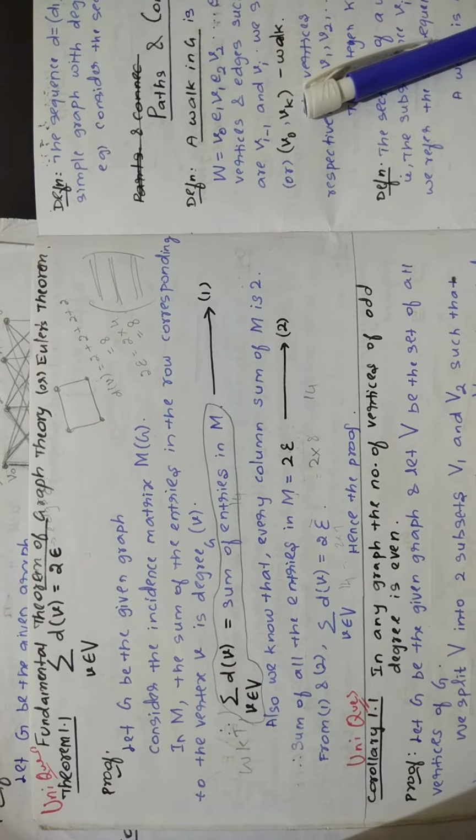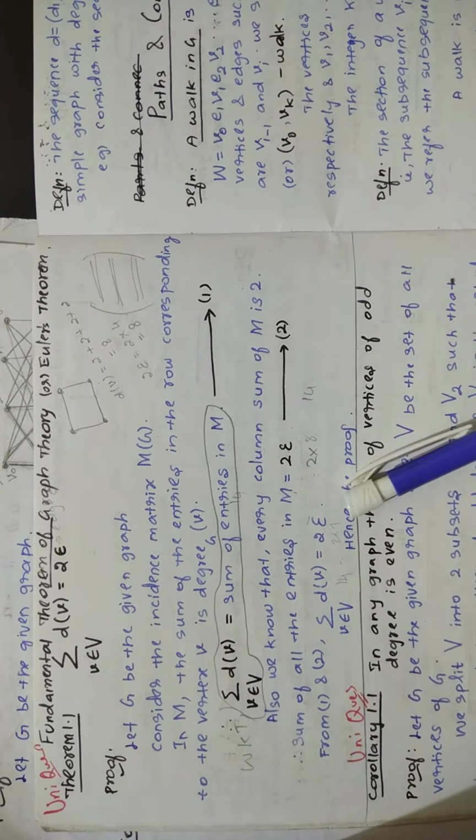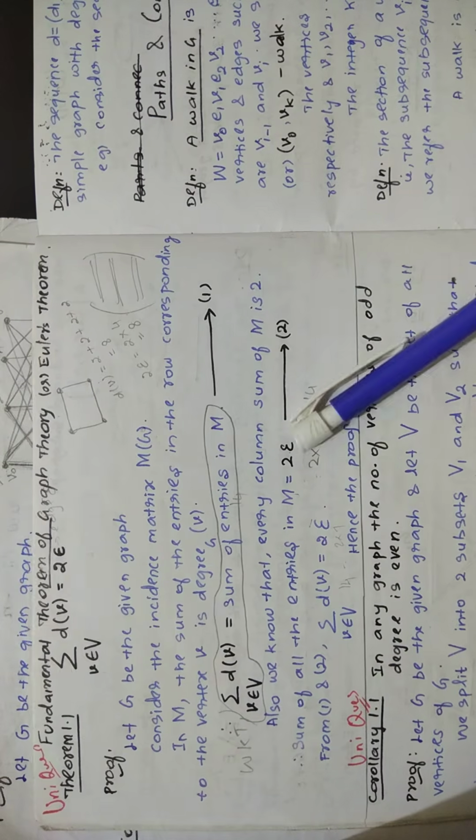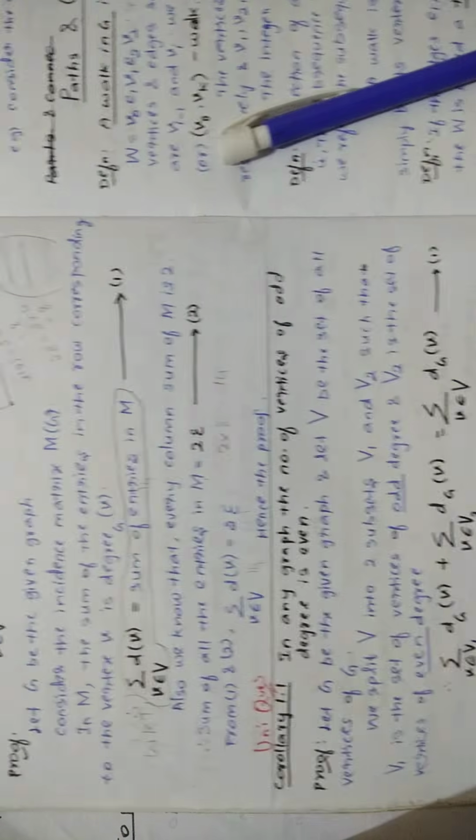The left hand side of the statement, and then write is equal to the sum of entries in M. Then we know that the sum of entries in M, the same thing you are writing, is equal to 2 epsilon. Now comparing these two, you will get what they are asking us to prove in the statement. Is that clear? Okay, now let us pass on to corollary 1.1.